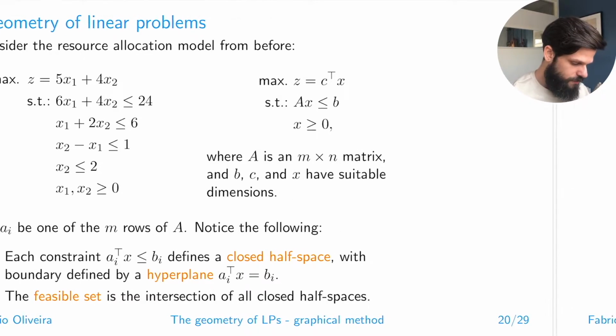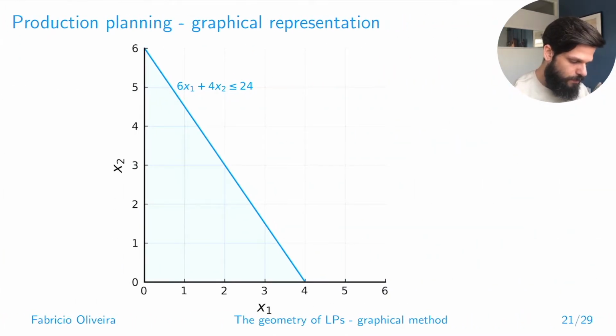So this first constraint is 6x1 plus 4x2 less or equal than 24. It was the requirement for resource M1. If you look at that in a two-dimensional space where each coordinate is represented by my decision variables, you can plot this boundary by plotting the equation 6x1 plus 4x2 equals 24.